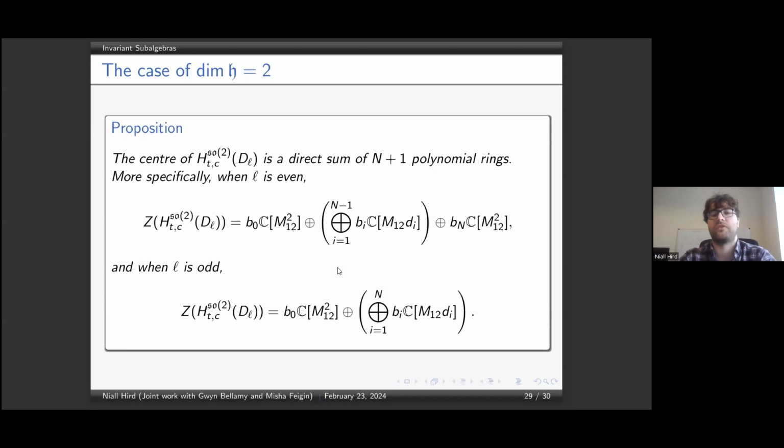And I said I would also talk a little bit about the case where the dimension of H is 2 for SON. I kind of briefly mentioned and ignored this conjugation action by the group.